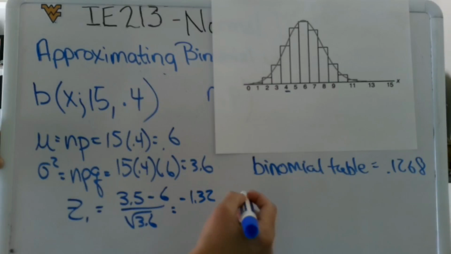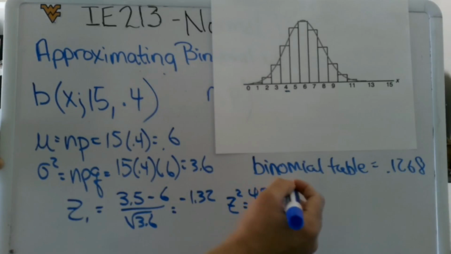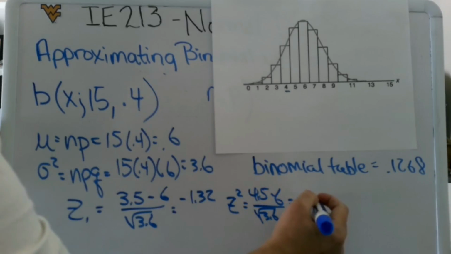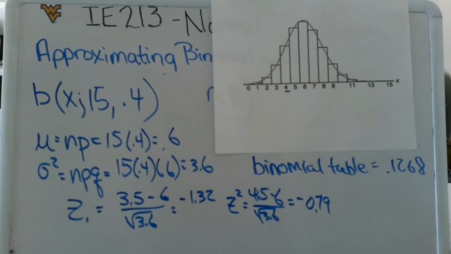And then our z2 is going to be 4.5 minus 6 divided by the square root of 3.6, and this is equal to a negative 0.79.